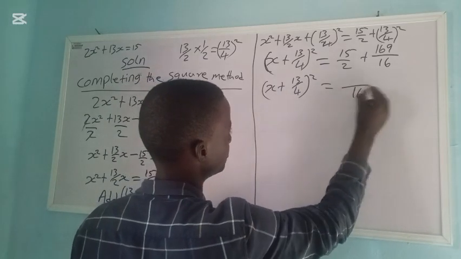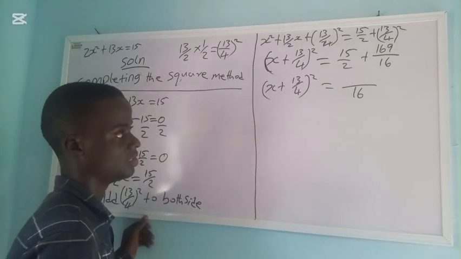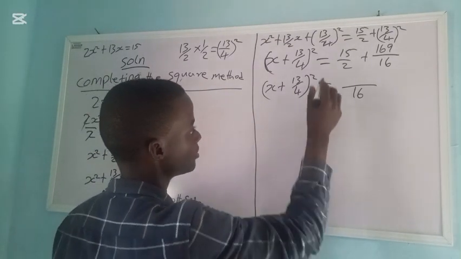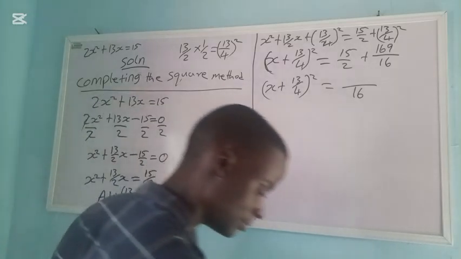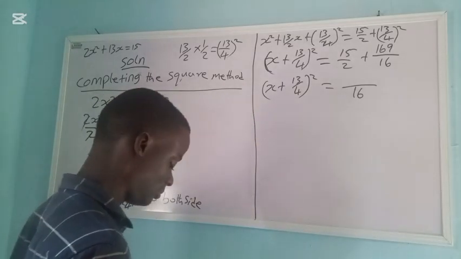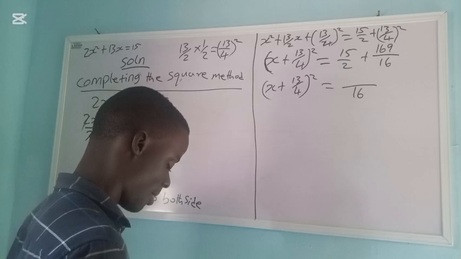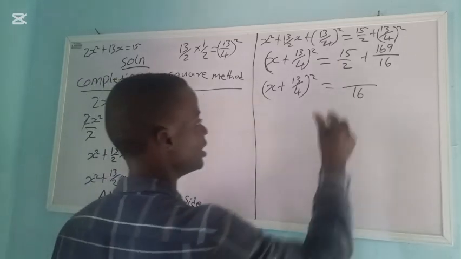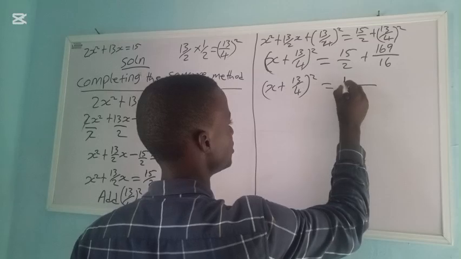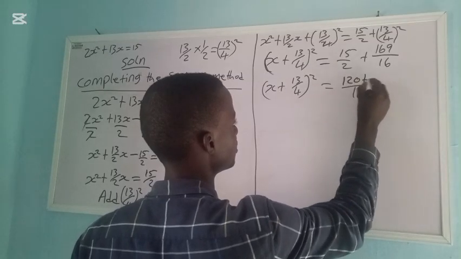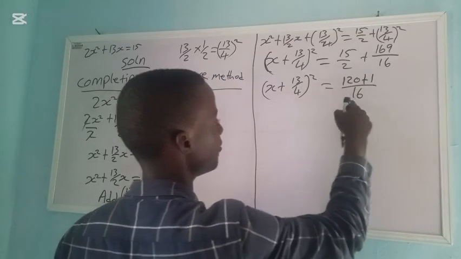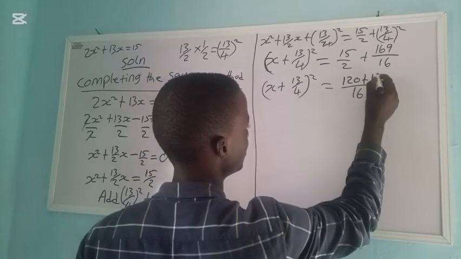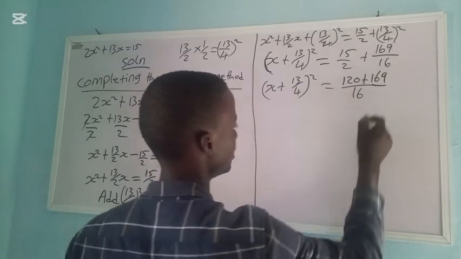16 is the LCM, and 2 divided by 16 is 8, and 8 times, let me use calculator, 8 times 15 is 120, plus 16 divided by 16 is 1 times 169, which is still 169.